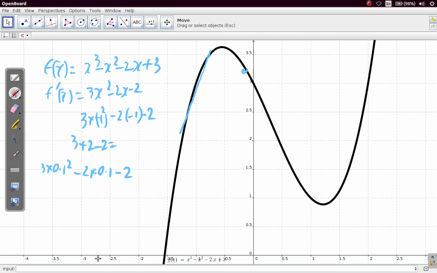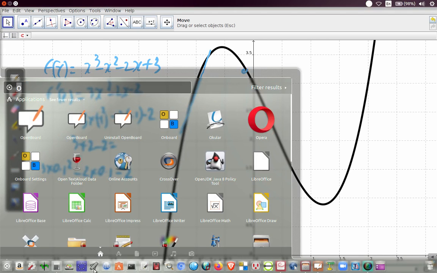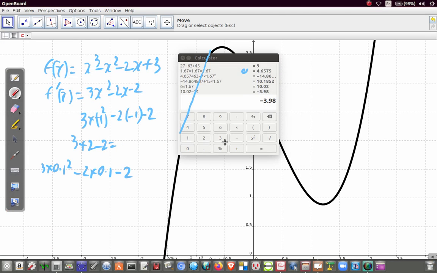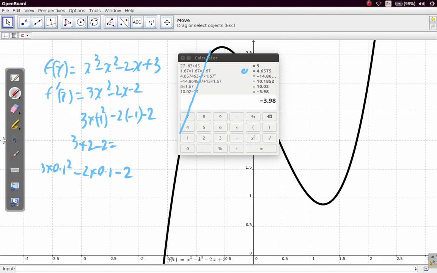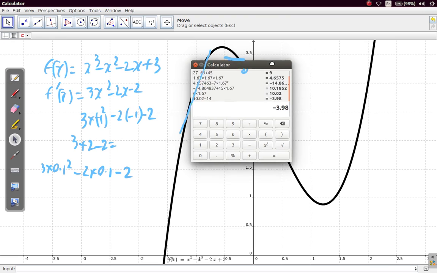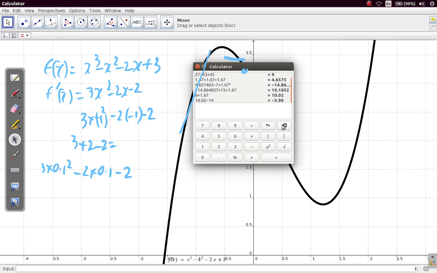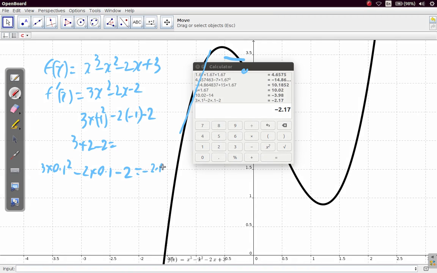Let's use our calculator and just get this out of the way. So 3 times 0.1 squared minus 2 times 0.1 minus 2 equals negative 2.17.